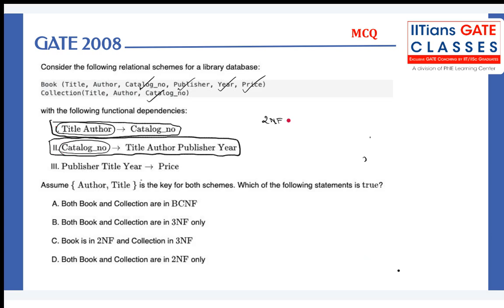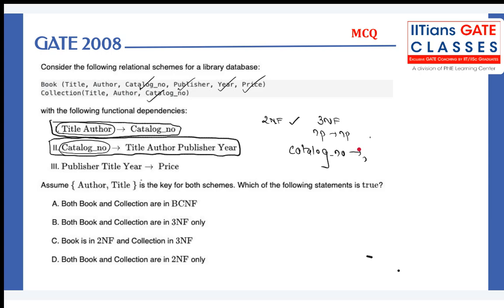Now you have to check if it is in 3NF or not. Is there a non-prime to non-prime functional dependency? So let's say I put catalog number on the left-hand side. Can I somehow try to make a non-prime to non-prime functional dependency? Catalog number gives what? Title and author.